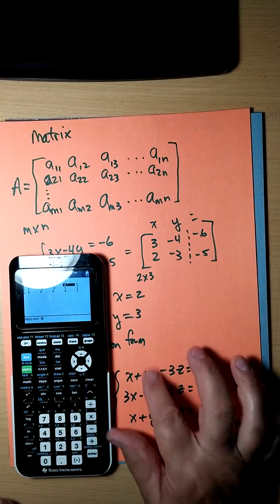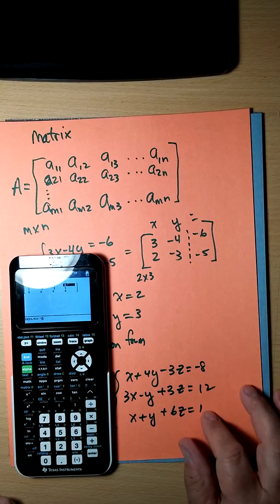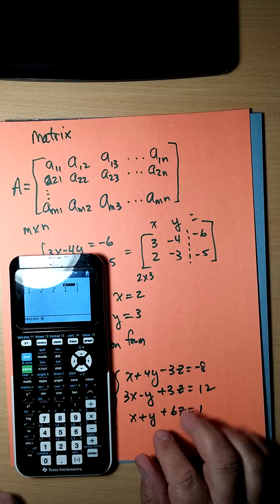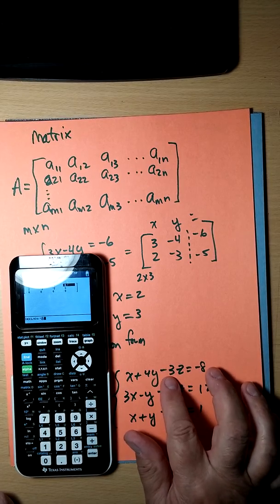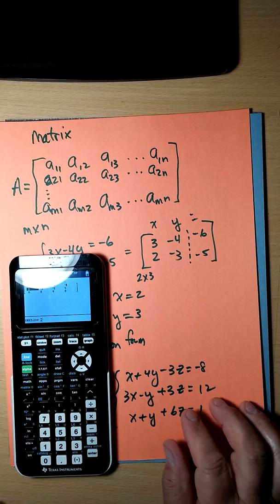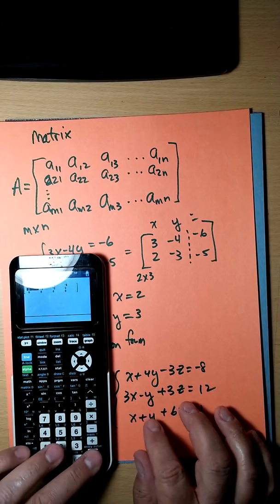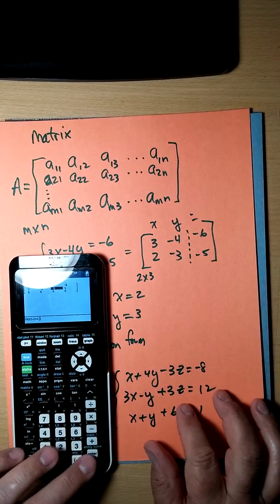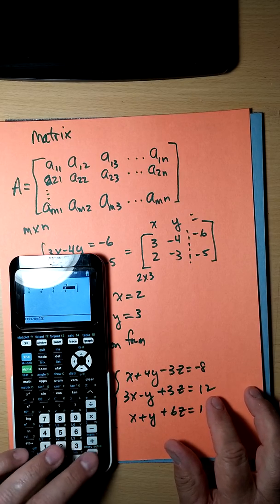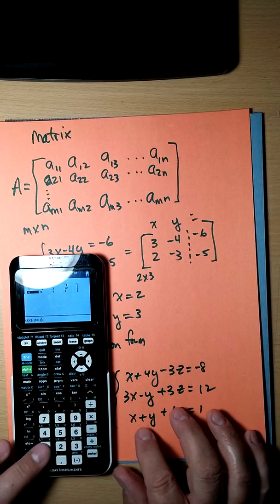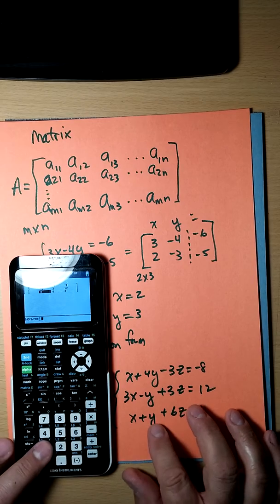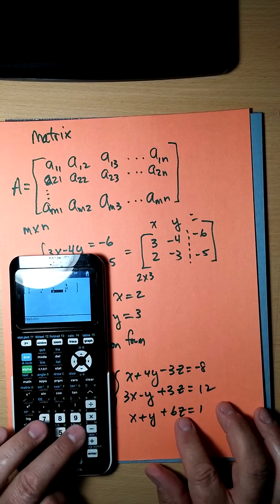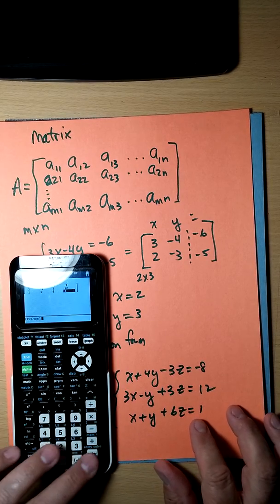Remember, you got the x, the y, now the z column, and the equals. 1, 4, negative 3, negative 8. The 3, negative 1, 3, and 12. The 1, 1, 6, and 1.